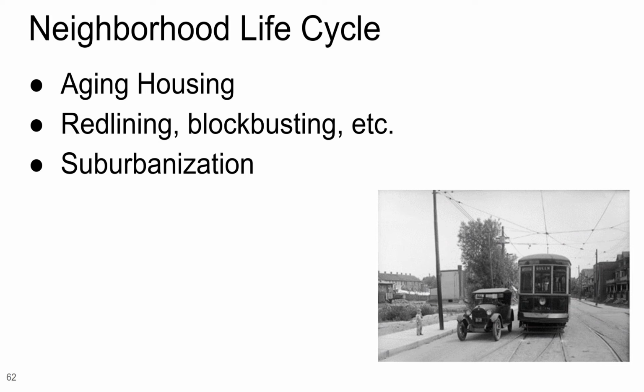Suburbanization. So in the 1970s, yes, it all makes sense now. As the result of the great migration of African Americans out of the South to northern and western cities, white flight happened at this same time, with white people fleeing the cities for the suburbs.